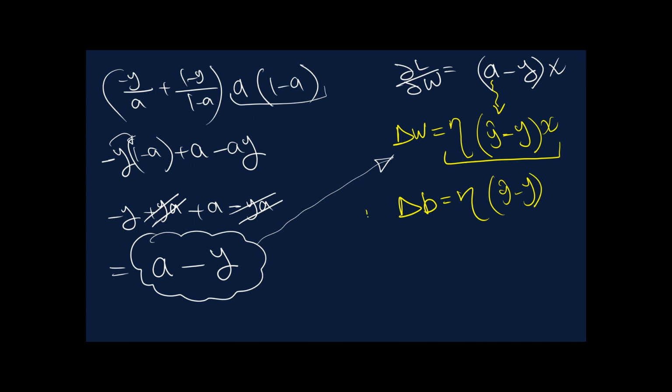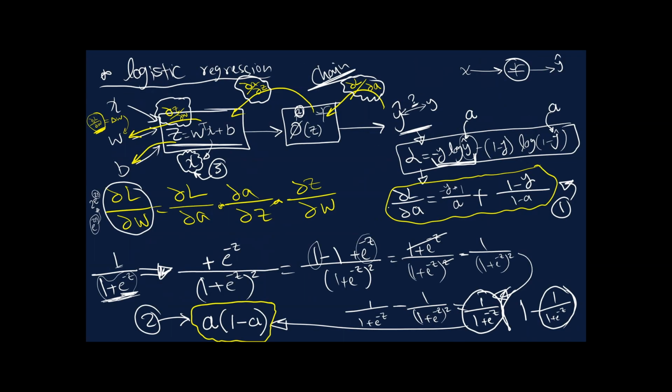And that was our equation for the updates. So any questions on this part? Okay, good. So right now, let's keep in mind this equation and this equation, because we will really need them when we are deriving this for 2 layers.